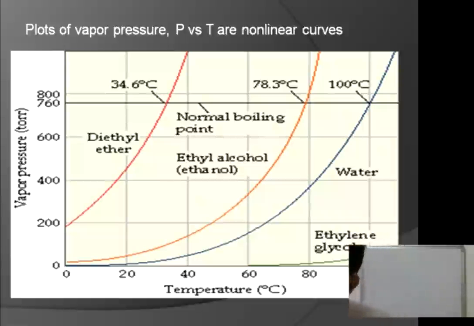Sorry, this is equilibrium between water and steam. So at 100 degree centigrade, at 1 atmospheric pressure or 760 torr, water is in equilibrium with its vapor. But always remember, there are also moles involved. You cannot just add more water. So the equilibrium condition is determined by the vapor pressure and the temperature.